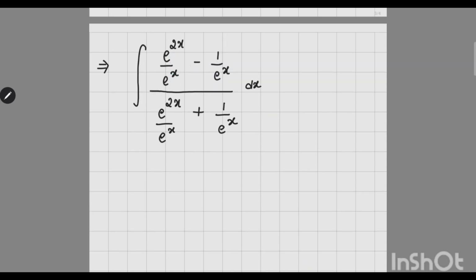Now this is in the form of a power m by a power n, the same base, right, e and e. So when you have the same base, we write it as a to the power m minus n. And how do we simplify this? When we have 1 by a power m, we write it as a to the power minus m.